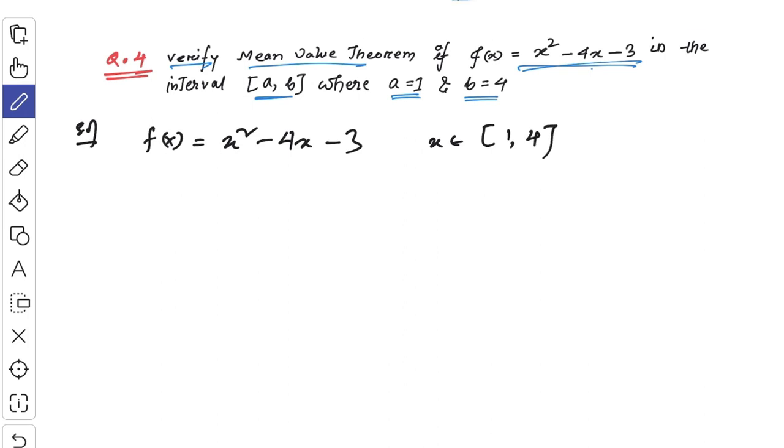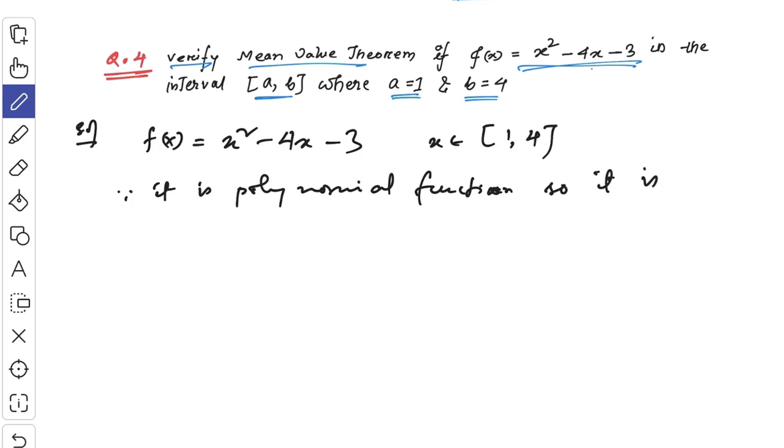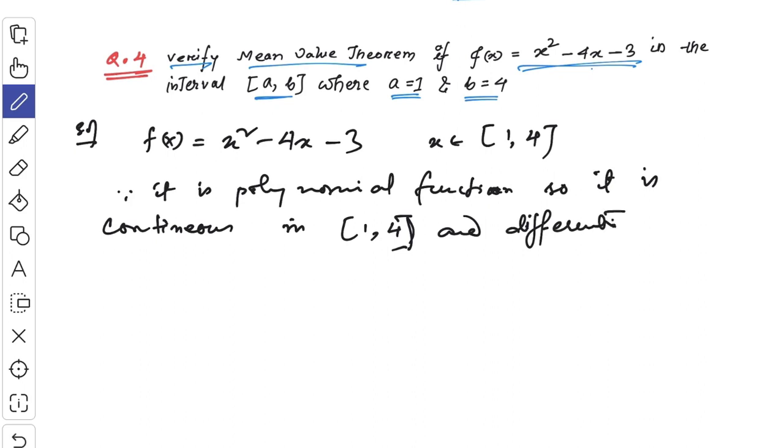Okay, so as it is a polynomial function, since it is a polynomial function, it is continuous in the interval 1 to 4 and differentiable in open interval 1 to 4.